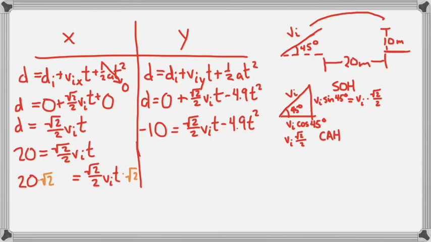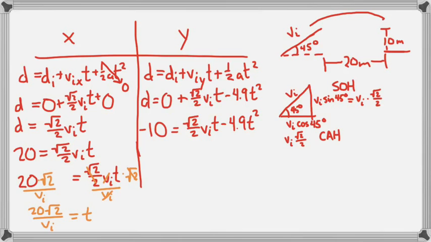And I want t by itself, so I need to divide by v sub I. Divide by v sub I. So I have an expression that says 20 times root 2 over v sub I equals, let's see, those divide out. These two things multiply to equal 1, so I'm left with t on the right-hand side of this equation.